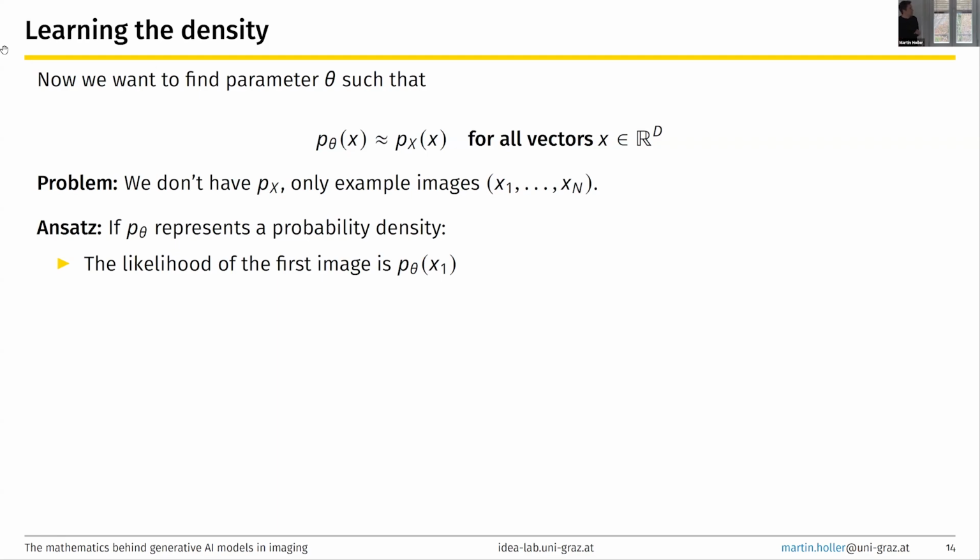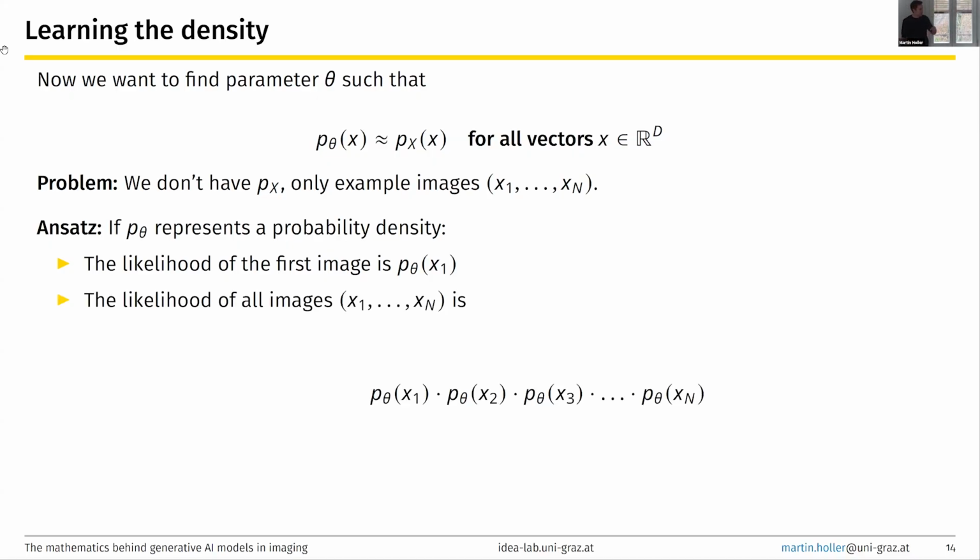Assume P theta is a probability density. Then if I plug in the first image of my training set, P theta of x1 is actually the likelihood of this image, right? And if the image is a real image, I want this to be high. If I would have the true probability Px, this value would be high. So also for my approximate probability P theta, I want this value to be high.